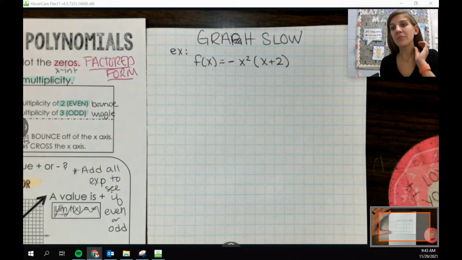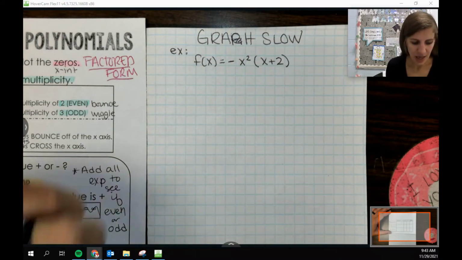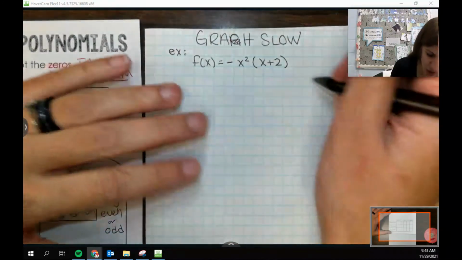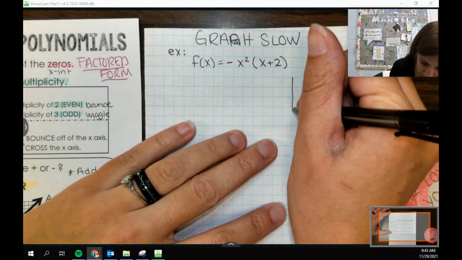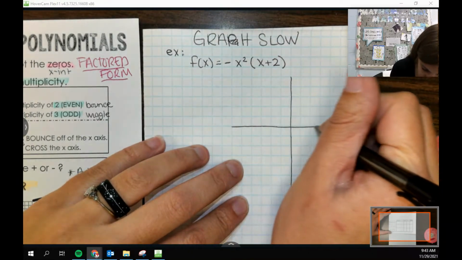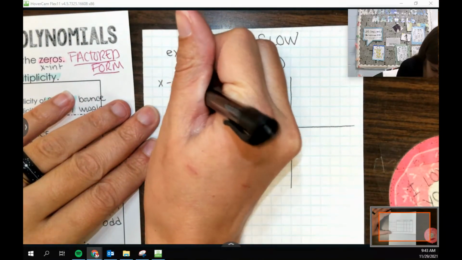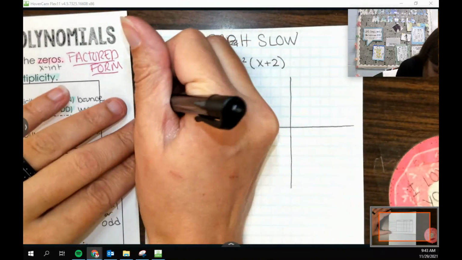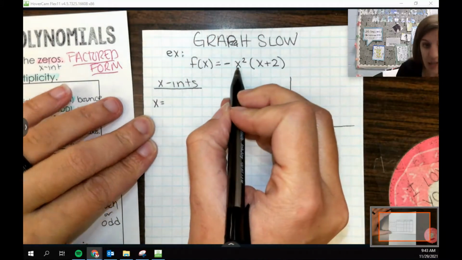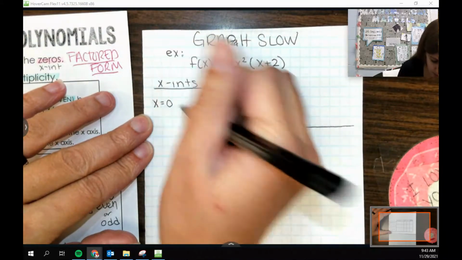Okay, so first we want to find and plot our x-intercepts. So let's kind of get a little x and y axis going. And let's find some stuff over here. So we got our x-intercepts. The first one that I notice is 0 because there is no number being added or subtracted.